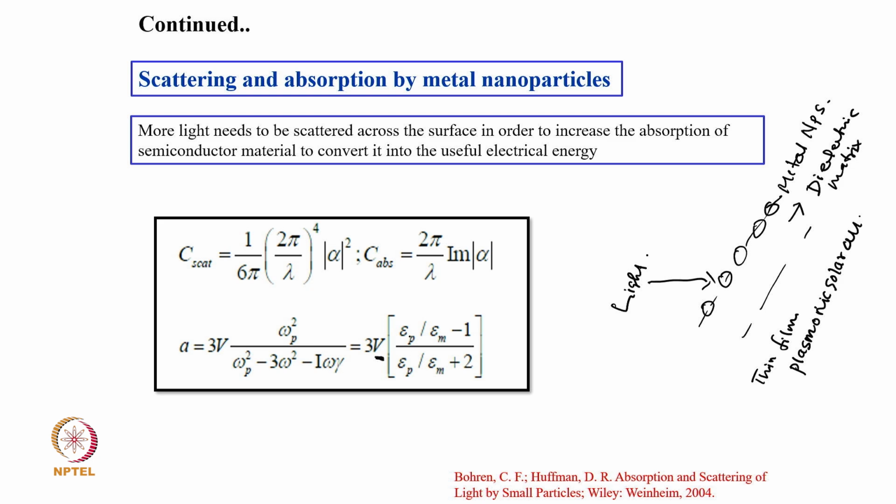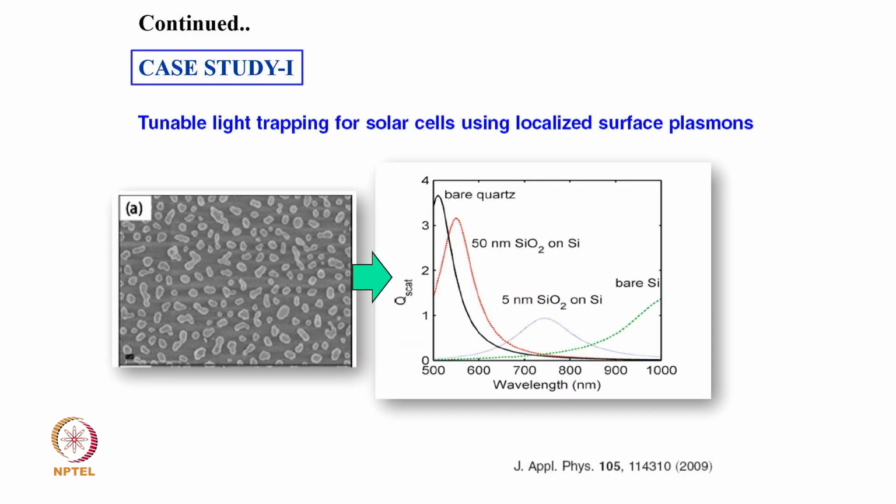And these are two quantities, epsilon p and epsilon m, the dielectric function of the particle and the dielectric function of the surrounding medium. So the quantities that play a role are alpha, epsilon p, epsilon m, and the volume of the nanoparticle. These are the four important physical quantities of the metal and the surrounding matrix, which decide how light will be trapped, or how the scattering and absorption efficiency differ.